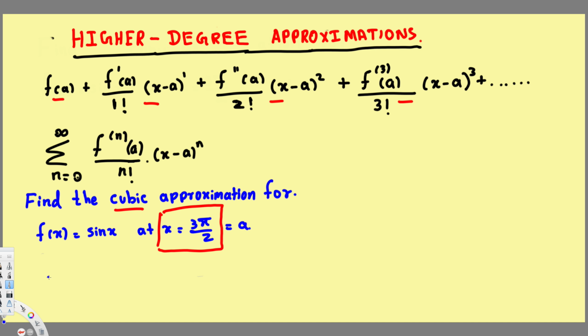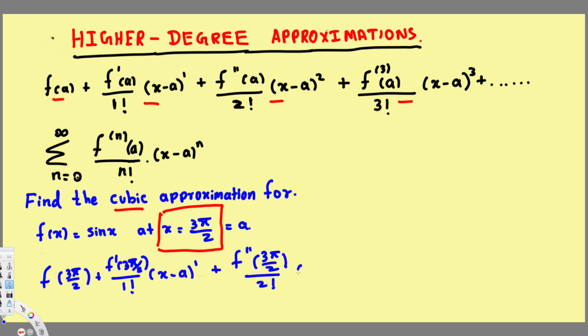If I write that, that's going to be f(3π/2) plus f prime(3π/2) over 1 factorial times (x minus a) to the first power, plus f double prime, this is the second derivative, (3π/2) over 2 factorial times (x minus a) squared, plus f third derivative (3π/2) over 3 factorial times (x minus a) cubed.